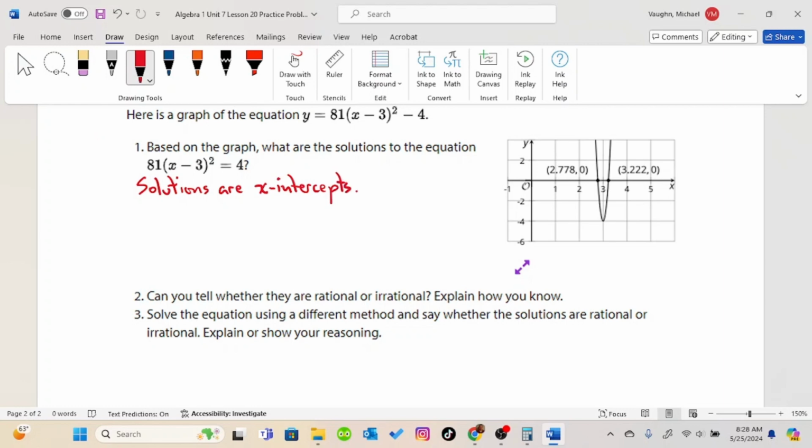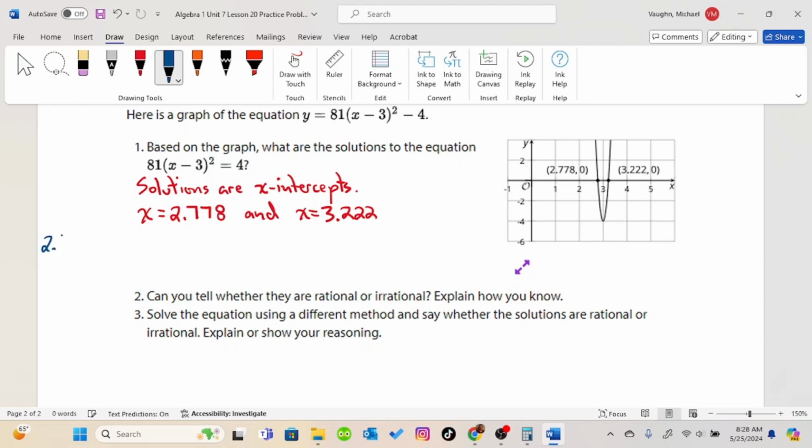So the solutions are x equals 2.778 and x equals 3.222. Number 2, can you tell whether they are rational or irrational? Explain how you know.